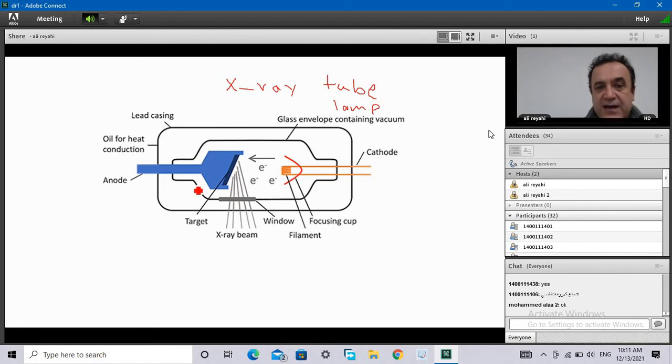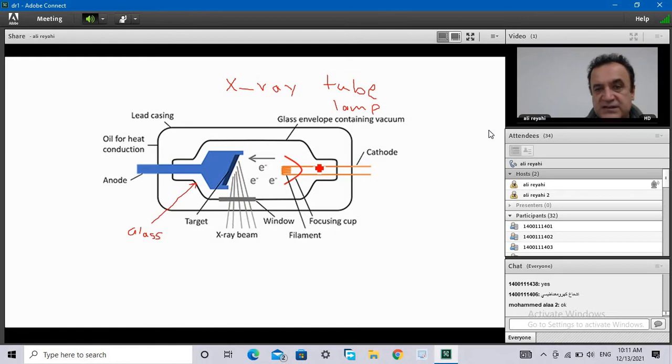An X-ray lamp, I mean this part here, consists of some parts. First of all, a glass envelope, a glass cover. It is this.